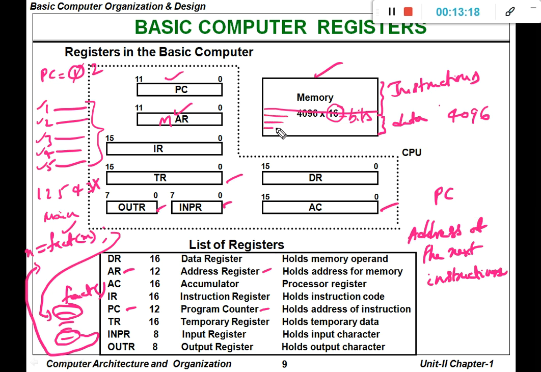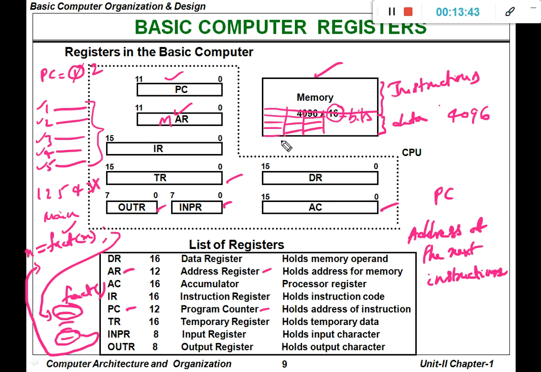Assume these are the data blocks in main memory. To fetch the data from the main memory, we need to access the memory based on the address location. So we get the memory based on the address location, using what?